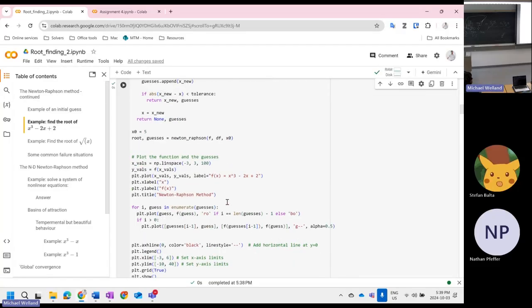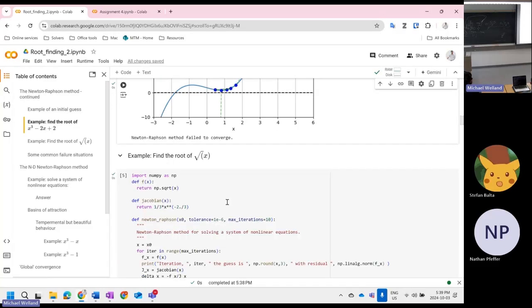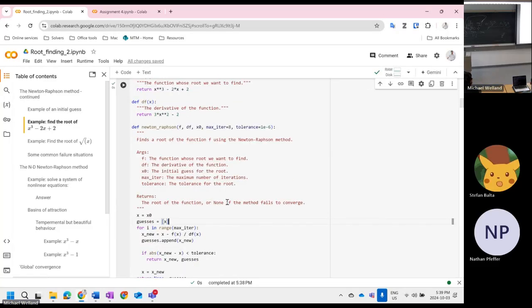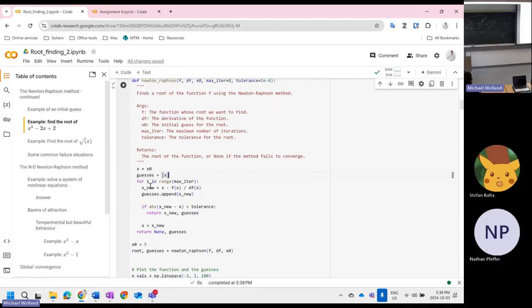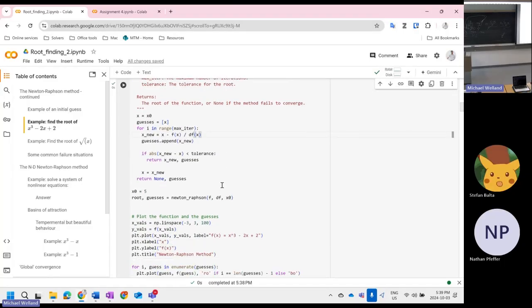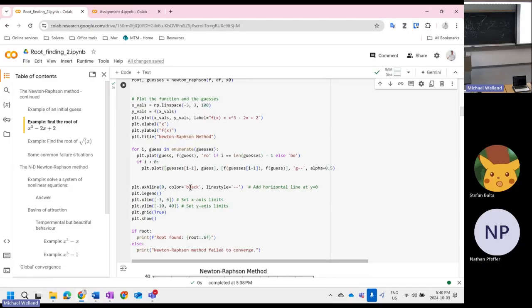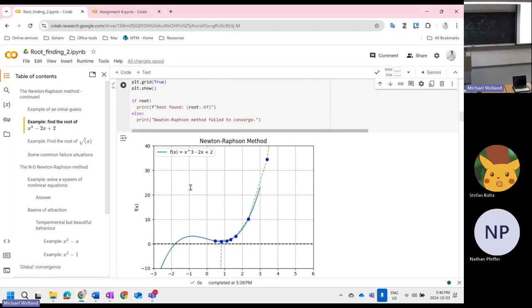Okay, and then we're doing the Newton-Raphson and we're calculating x new as x minus function value divided by the derivative, right? And we're chucking it on. Starting off at x naught equal to 5 and running it, we're going to plot the function and see the dots as they appear with the guesses.